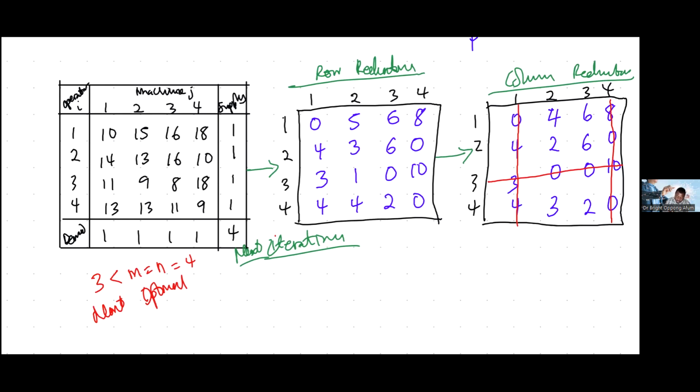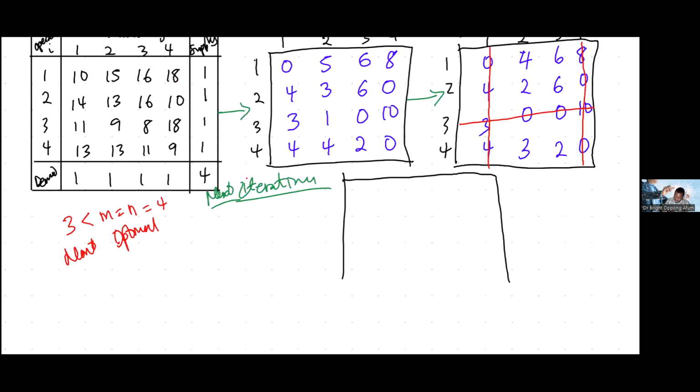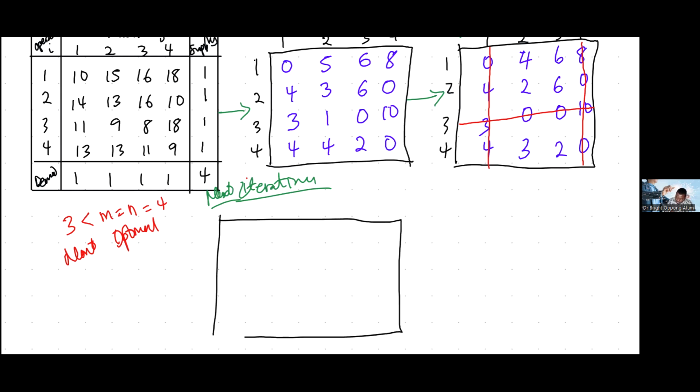So if we are to do that, then we are going to achieve this. Let's draw our next tableau here. So I have 1, 2, 3, 4 operators, 1, 2, 3, 4 machines.